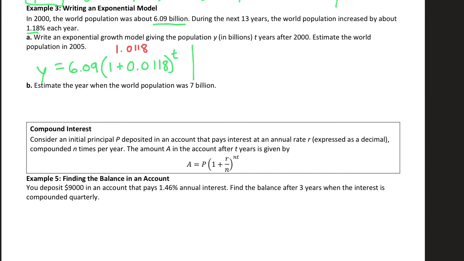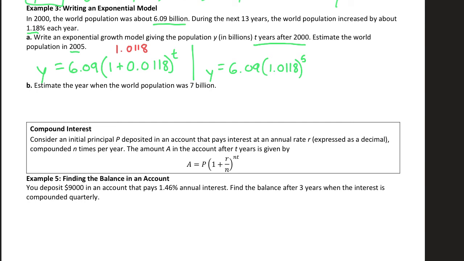So if you want to figure out the population in 2005, this function is in years after 2000. So to evaluate this, I would take 6.09 times 1.0118, and I'll raise it to the 5th power because 2005 corresponds to 5 years.